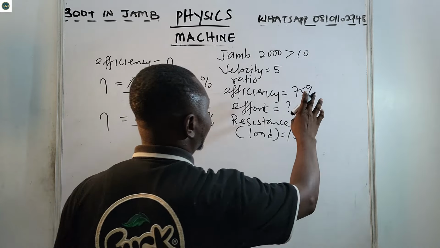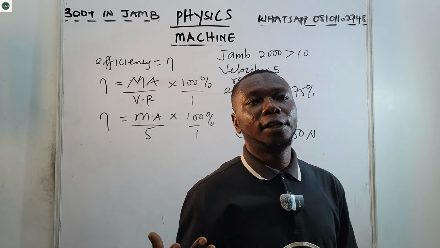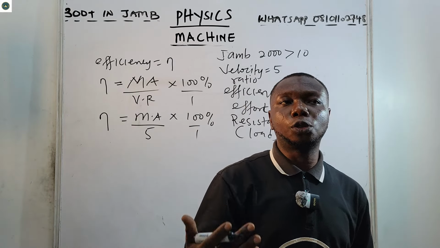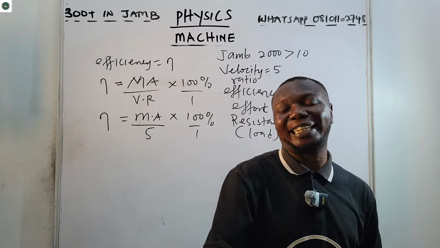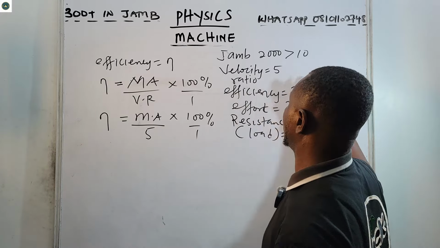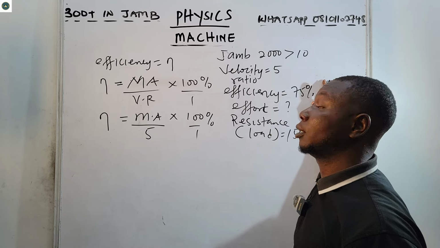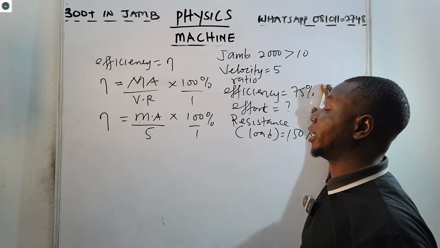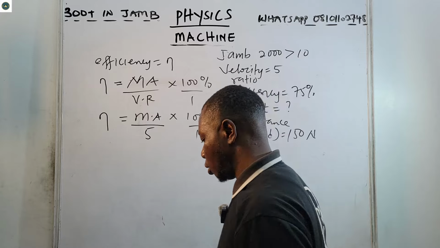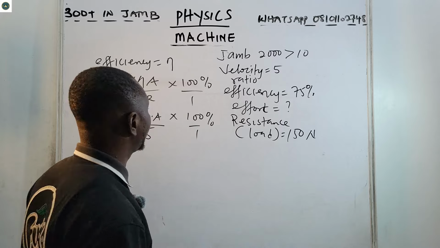Now the efficiency, that means the input energy that is converted into useful work is 75%. That means as a result of using that machine, the 25% is lost, converted to heat.